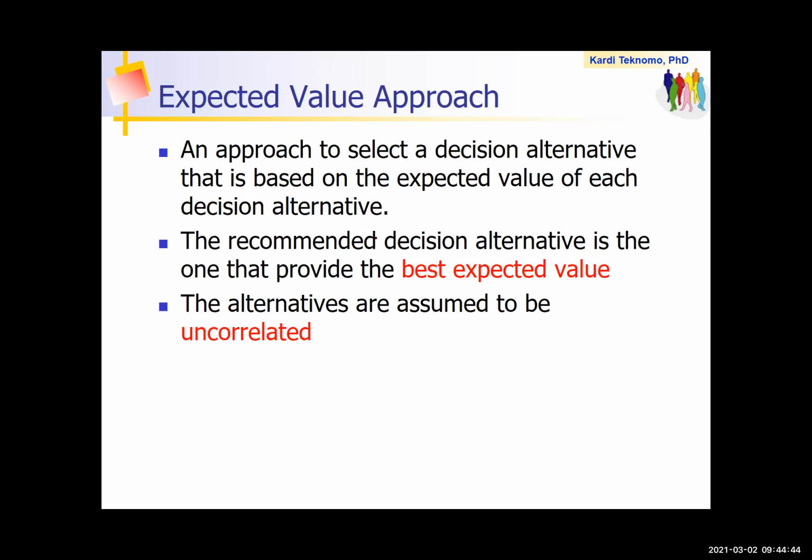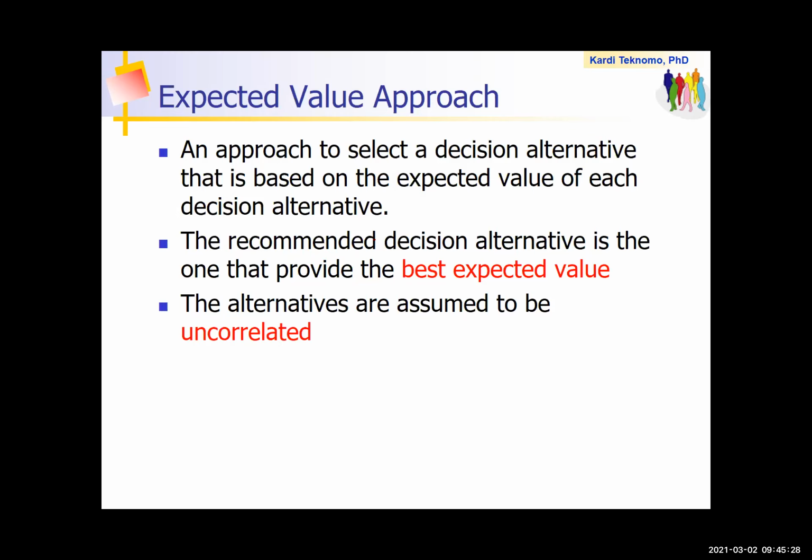So, expected value: an approach to select a decision alternative that is based on the expected value of each decision alternative. The recommended decision alternative is the one that provides the best expected value. The best here can be maximum or minimum. If it is gain, then of course you want to maximize. If it is cost, then you want to minimize, right?